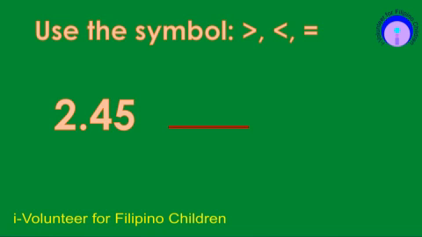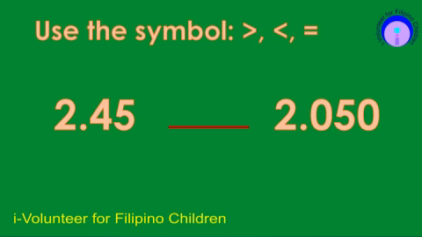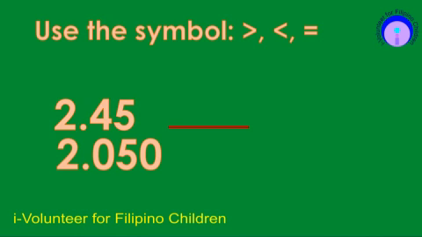Let's compare the number 2 and 45 hundredths and 2 and 50 thousandths. Let's compare from left to right. On the tenths place, there is already a difference.